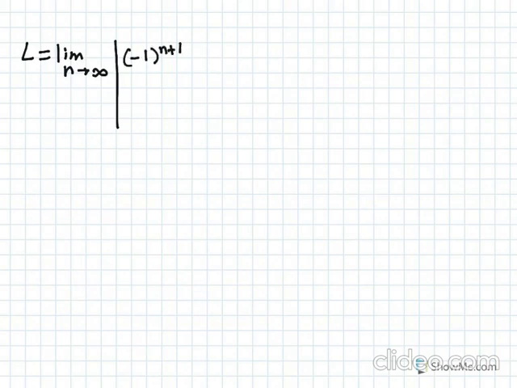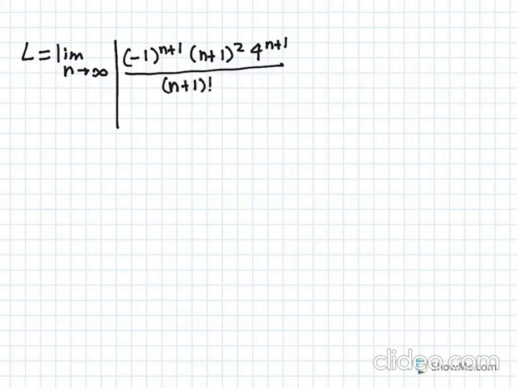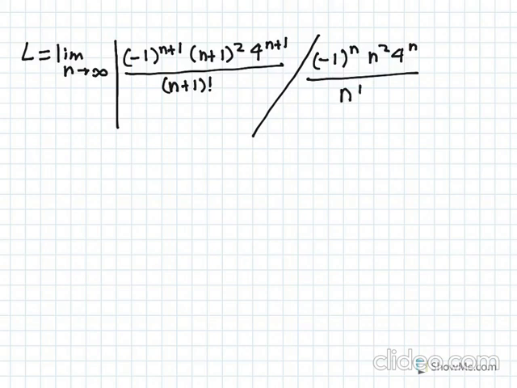Wherever we see an n, plug in n plus 1: times n plus 1 all squared times 4 to the power of n plus 1 divided by n plus 1 factorial, all divided by negative 1 to the power of n times n squared times 4 to the power of n divided by n factorial.